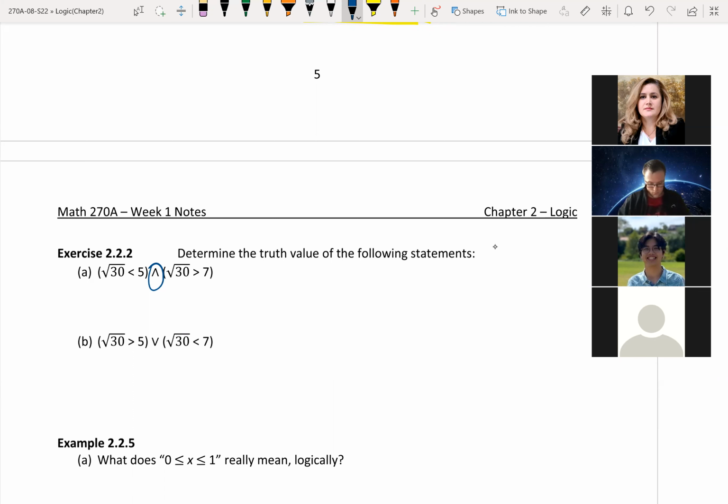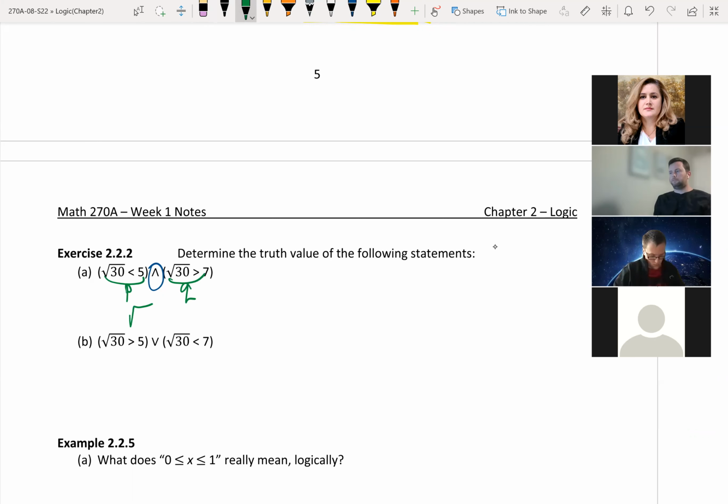Sorry, A is false. I'm going to call this one P, then Q. So Q is false, since the square root of 25 is 5, so the square root of 30 bigger than 7 is for sure false.